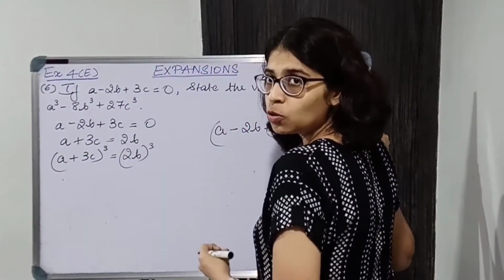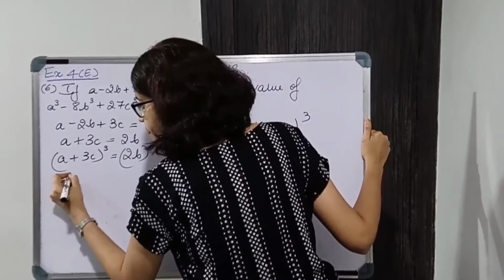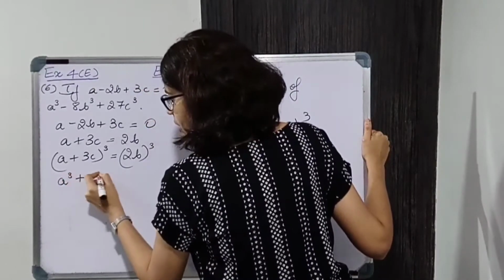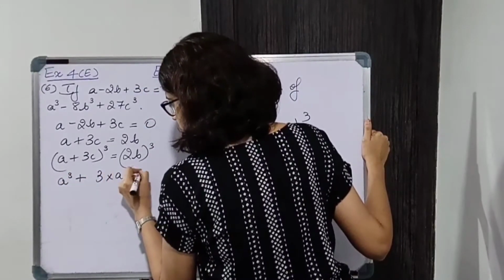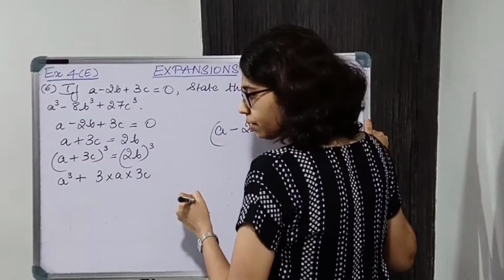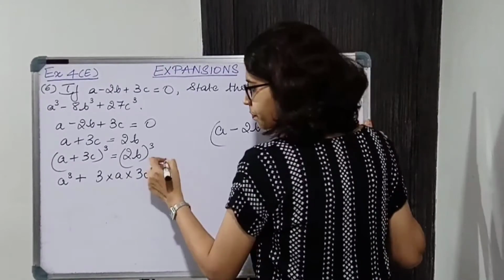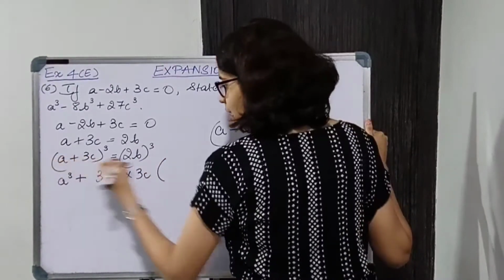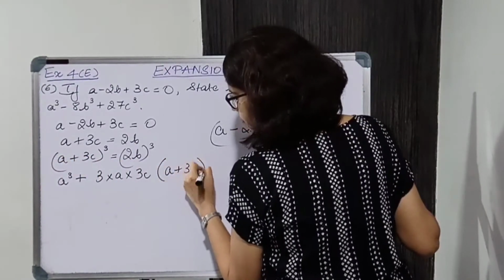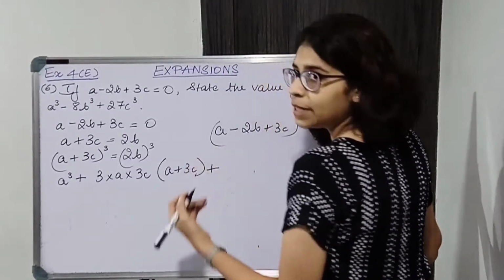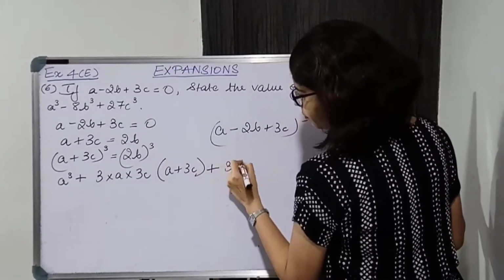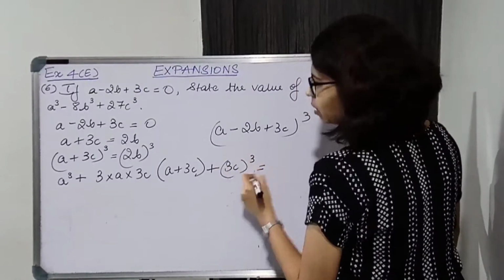What is (a plus b) the whole cube? a cube plus 3ab, where b is 3c over here. Okay. 3 into a into b, that is 3 into a into 3c, bracket a plus b, that is a plus 3c, plus b cube, that is (3c) cube, okay, is equal to (2b) cube.